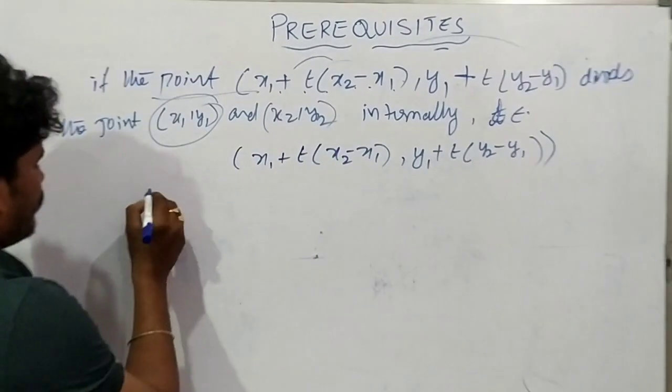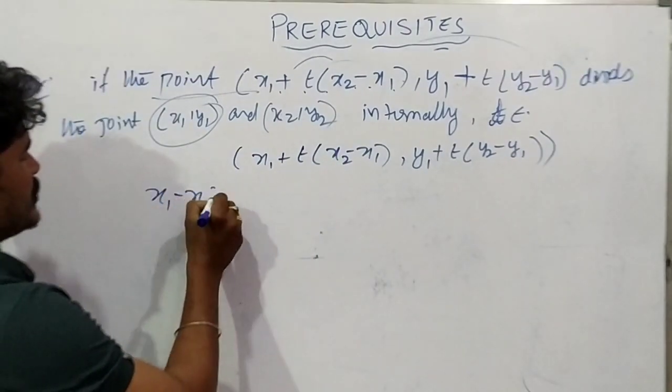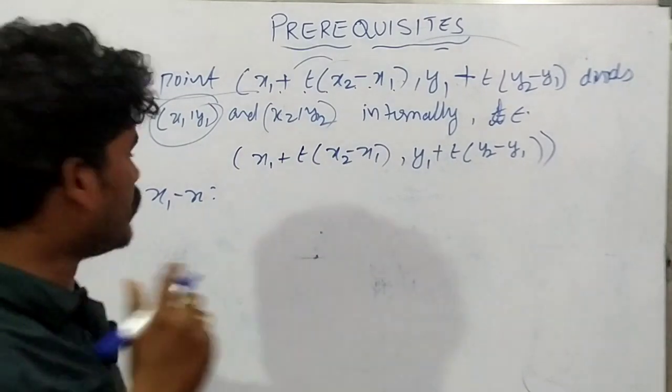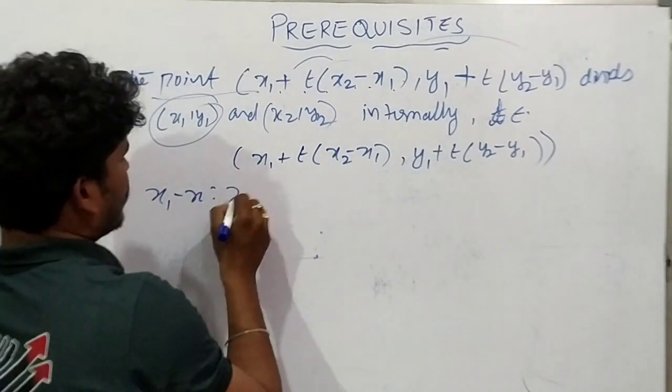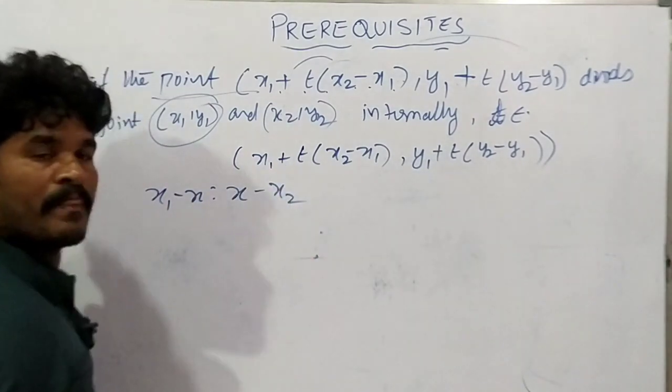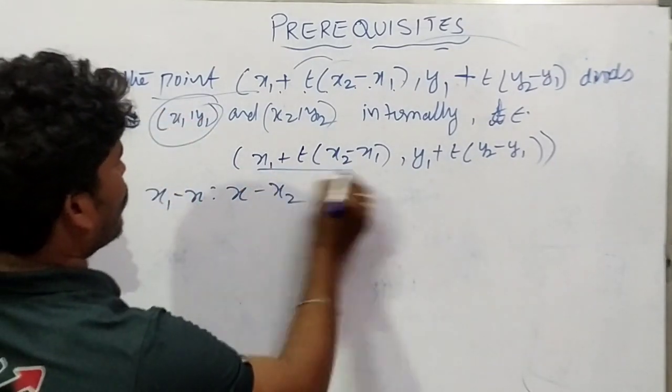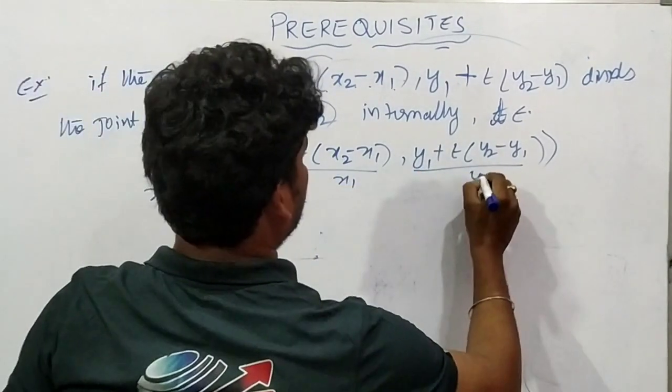We know the ratio (x1 - x) : (x - x2). Here this point is x1, this point is y1.